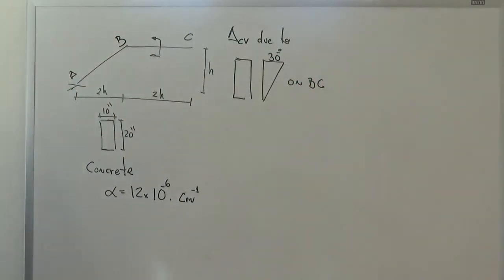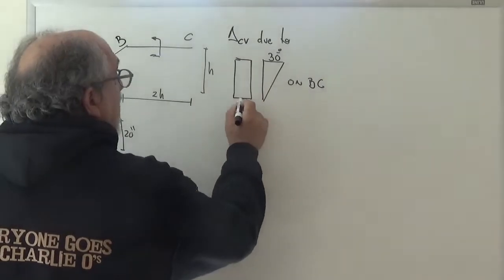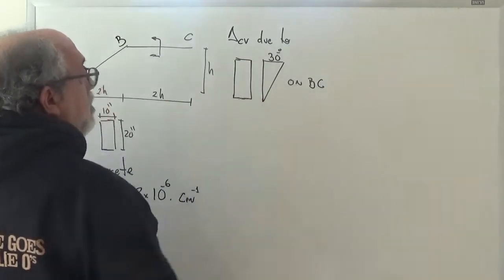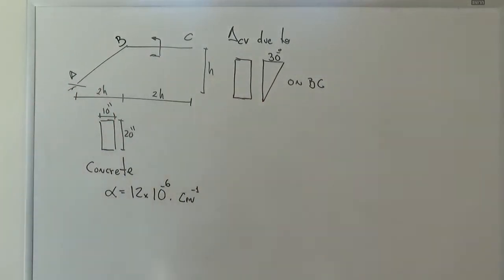So on bar BC, we're going to heat the top by 30° centigrade. We're going to assume that while we did that, we could keep the bottom at the ambient temperature or whatever it was before, and that the temperature is varying linearly throughout.